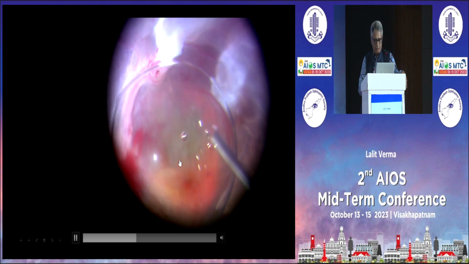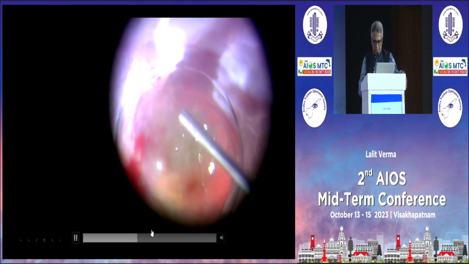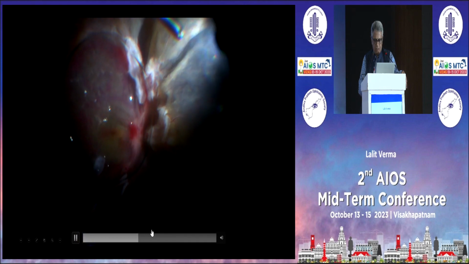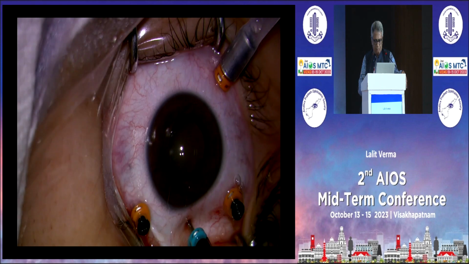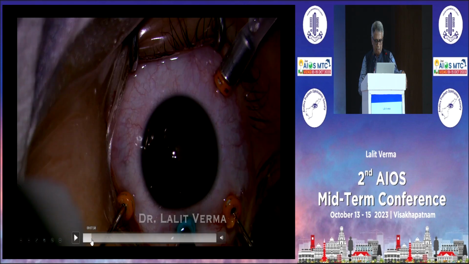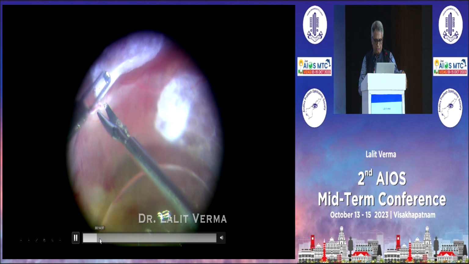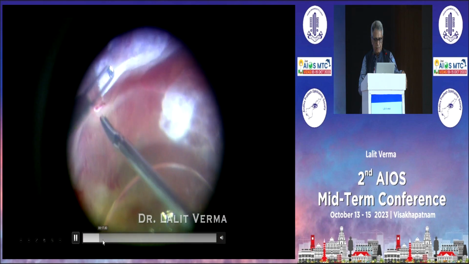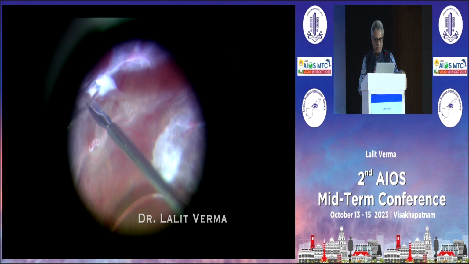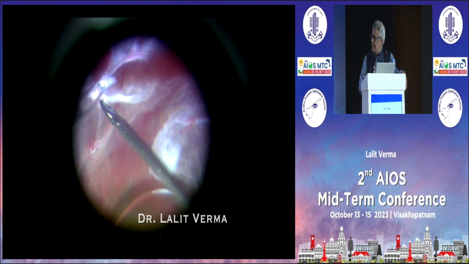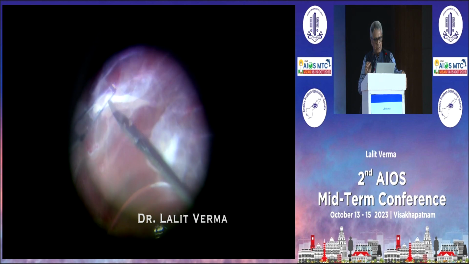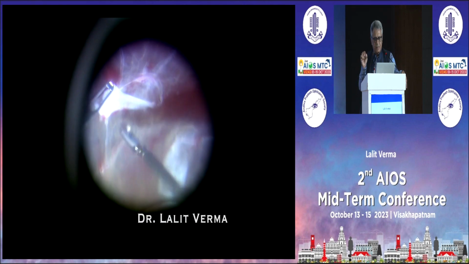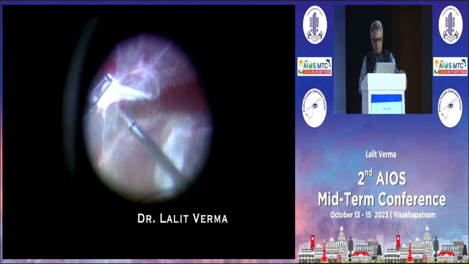And then once some segmentation was done, I injected PFCL in this patient just to see what else needs to be done. And what was required now was a bimanual surgery, where we put in this 25 gauge chandelier, and with the forceps in one hand and curved scissors in the other hand, you remove these fibrovascular pegs which are attached to the retina.